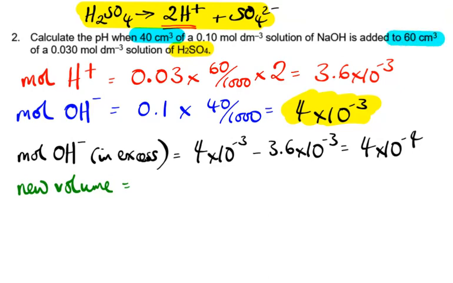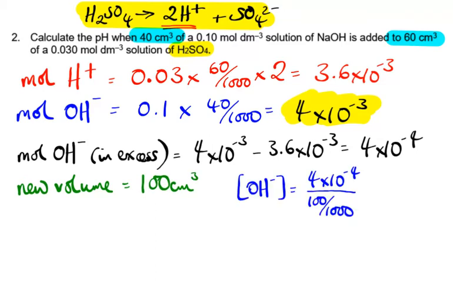So the new volume is 100 centimetres cubed. So the new concentration of hydroxide ions is going to be 4 times 10 to the minus 4 divided by 0.1, which is going to be 4 times 10 to the minus 3.